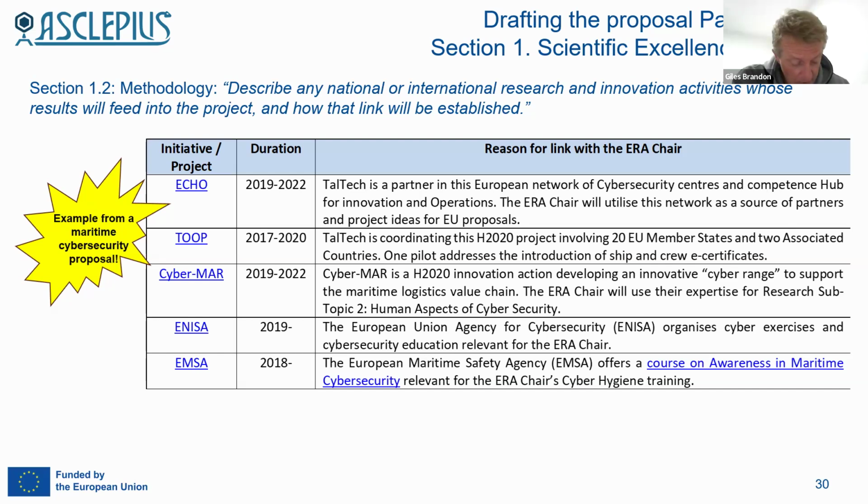When they called me in to help them write the proposal, there were lots of obvious reasons why they could write a strong proposal. At the university they had the Estonian Maritime Academy, and separately a very strong department of cybersecurity.